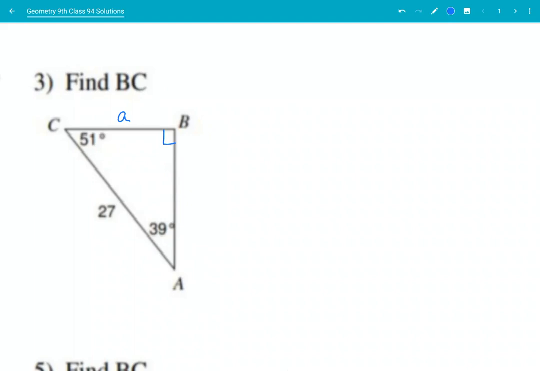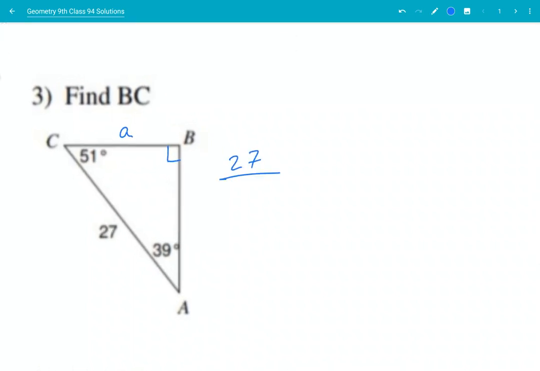So I'm going to say 27 over sine of 90 equals little a over sine of 39. Oh, this is so cool. Oh, we could even use Pythagorean theorem eventually if we want to go the really long way to find an unknown side.